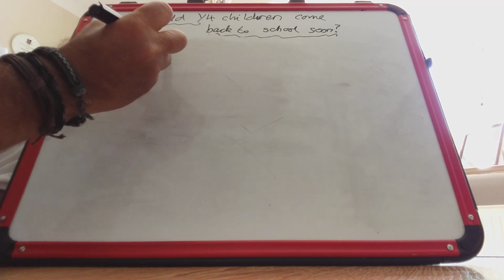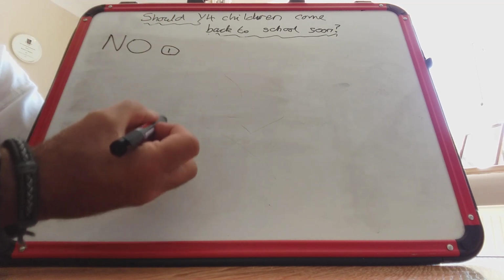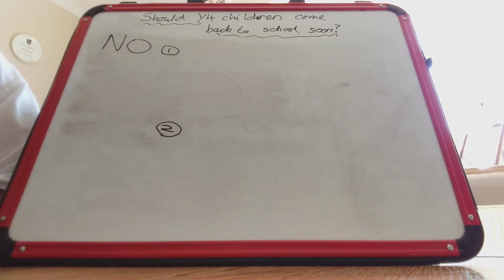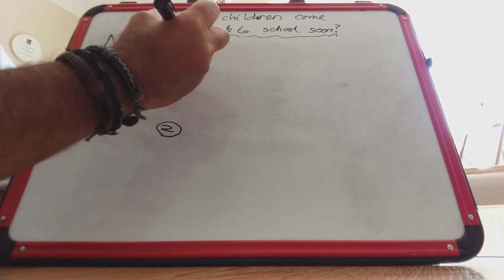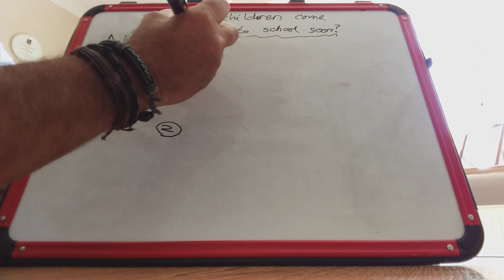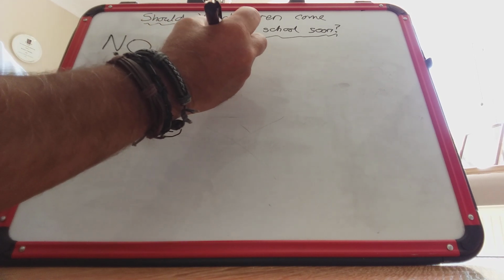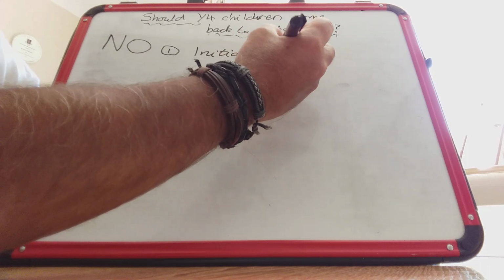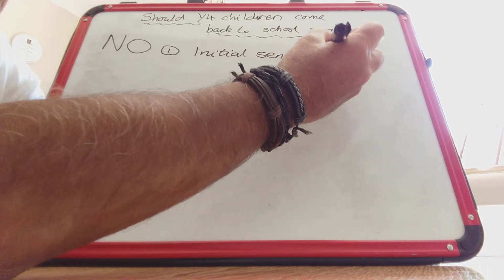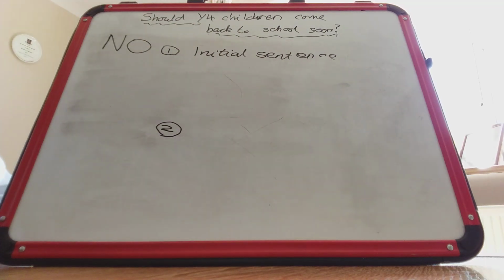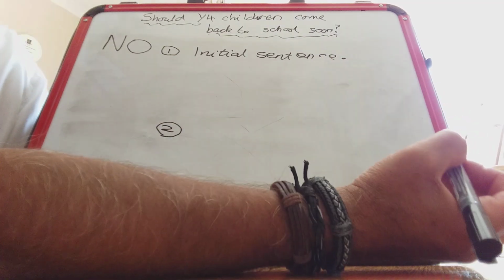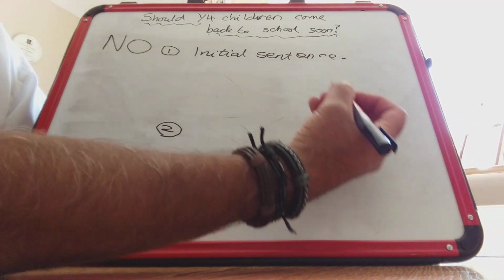What we're going to do is give actually two reasons, one there and one there. And when we write the reasons, we're going to start off with an initial sentence, initial meaning first, which tells us why the answer should be no. And at the end of that initial sentence, there will obviously be a full stop.